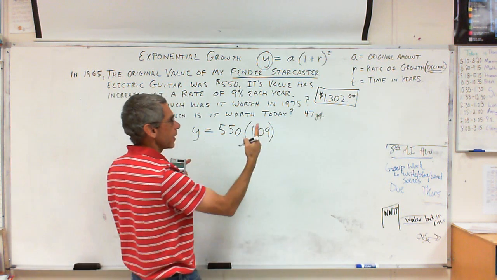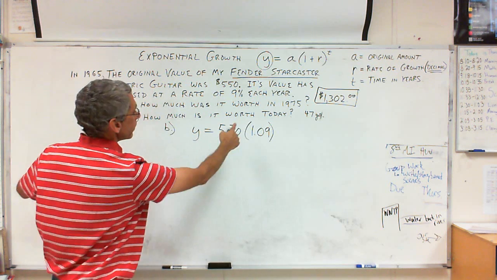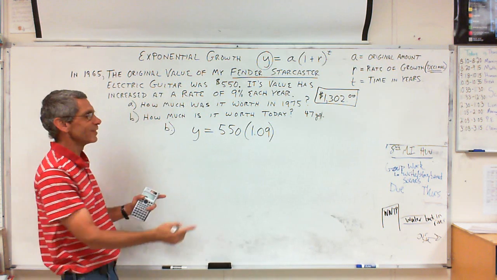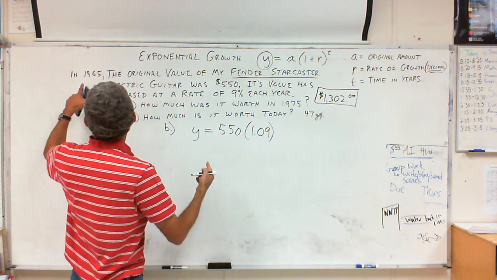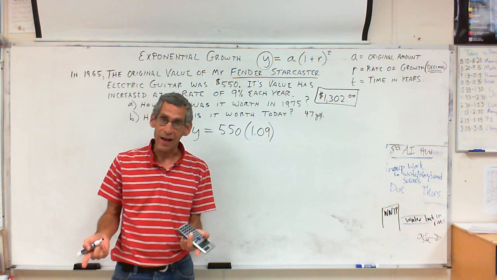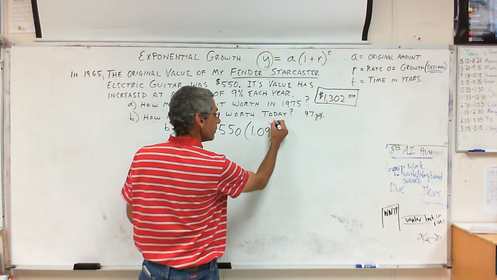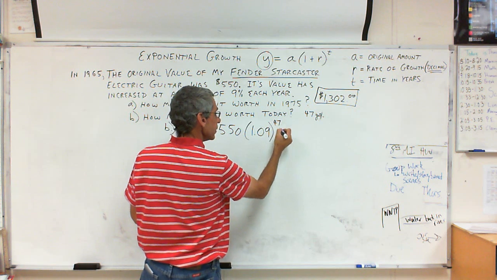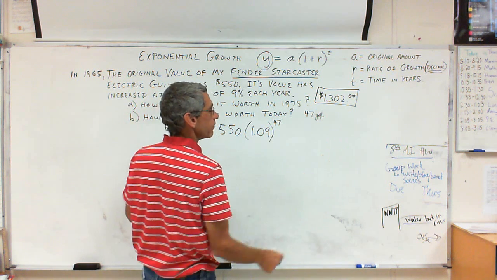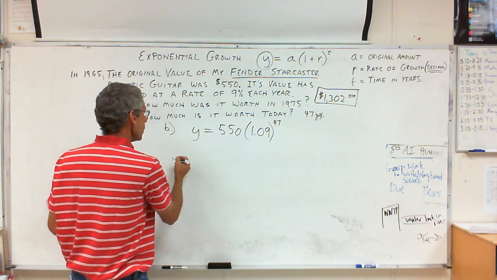And my time from today, 2012 minus 1965, is 47 years. So my time is 47 years. And so we would think it would be somewhere in the 5,000 range, right? We figured that out. So let's try it.